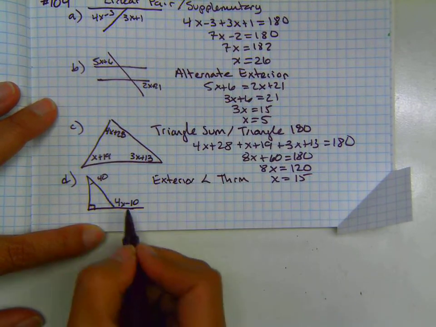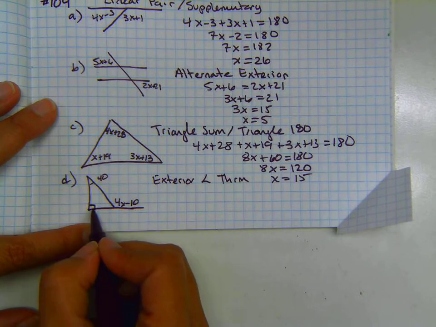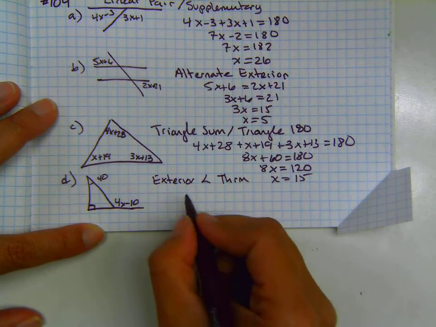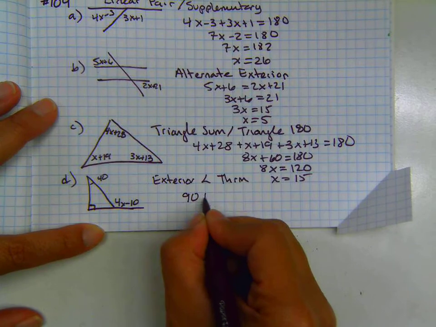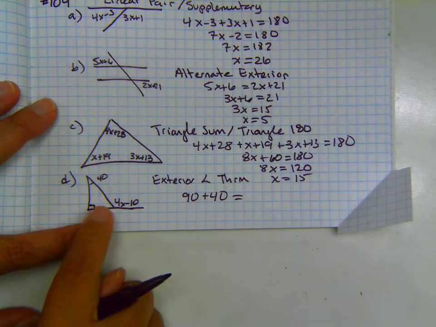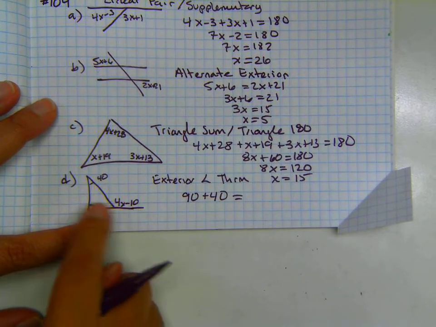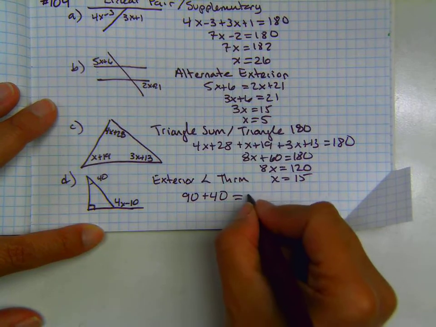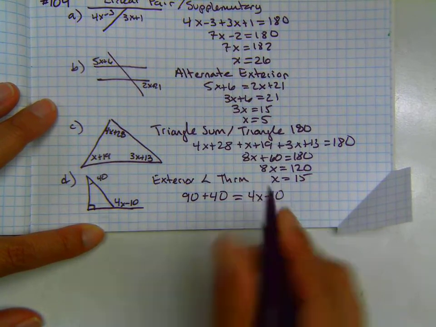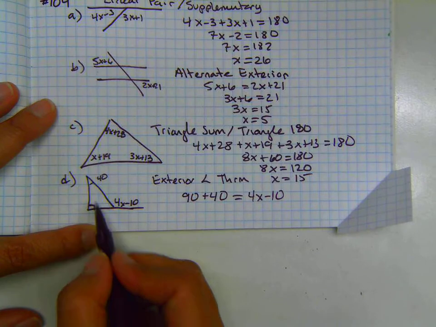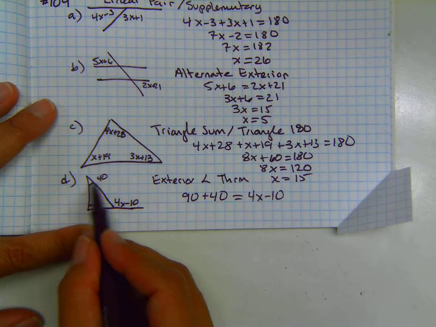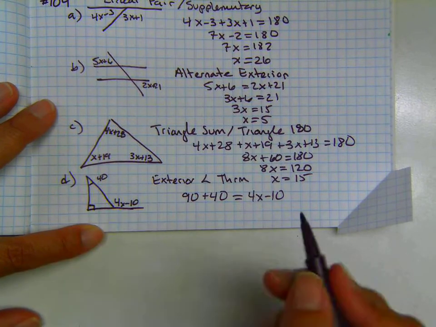So what the exterior angle theorem says, if I add these two, I can set it equal to the one on the outside. There is more than one way to solve this problem. If you found this angle first and then did the 180 thing, that's totally fine. But I think the intention of the book was to get you to realize that, hey, we do have a theorem that just says add these two and set it equal to that one.